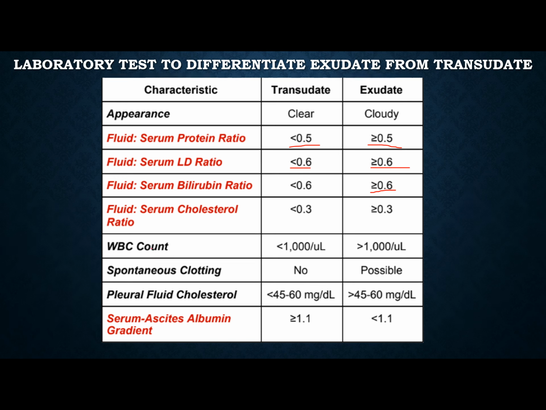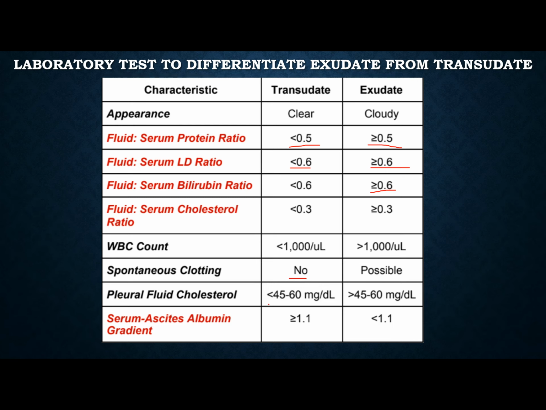Then for the WBC count, if it's less than 1,000 per uL, it's a transudate. If it's an exudate, it would be greater than 1,000 per uL. Spontaneous clotting class. There would be no clotting if it's a transudate. If it's an exudate class, there is a possibility of clotting. Then we have your pleural fluid cholesterol.